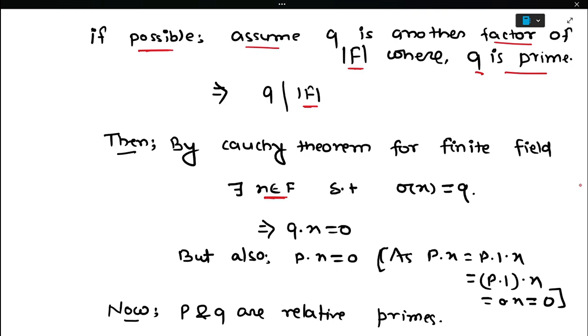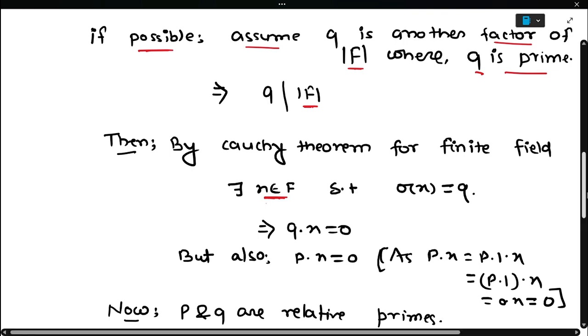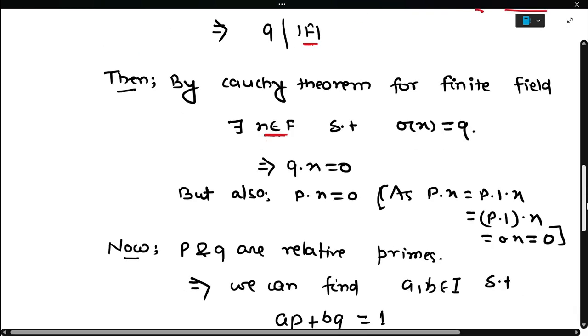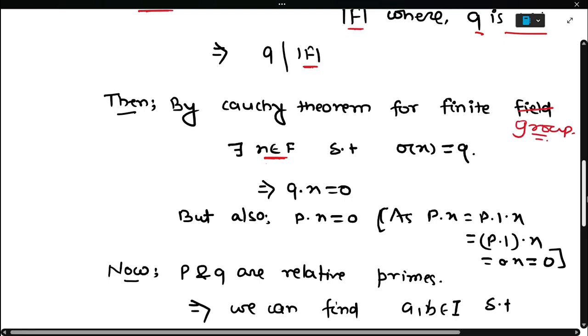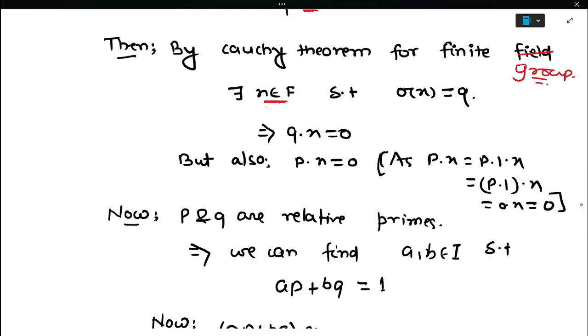So since q divides the cardinality of F, we have an element x in the field such that the order of x is q. This is by Cauchy's theorem for finite groups, which we will learn in the group theory course.